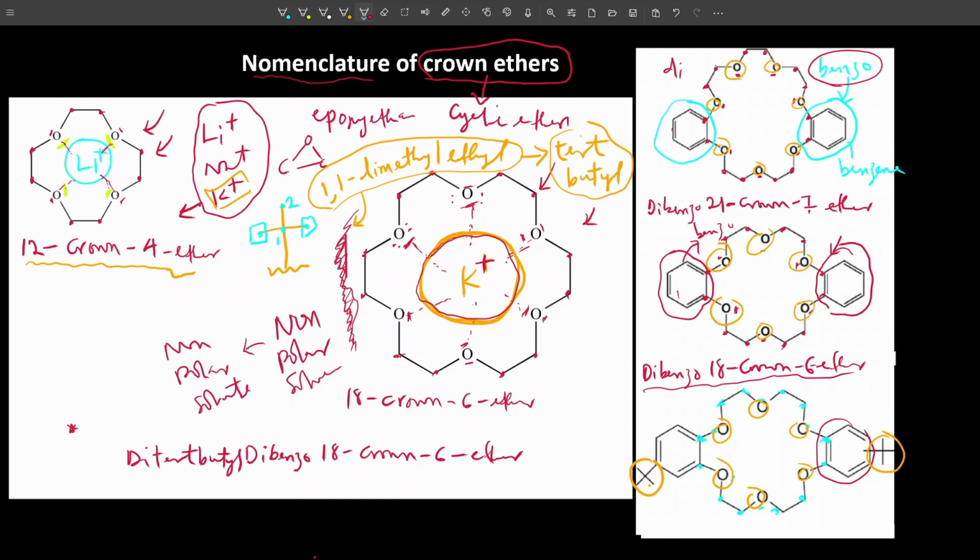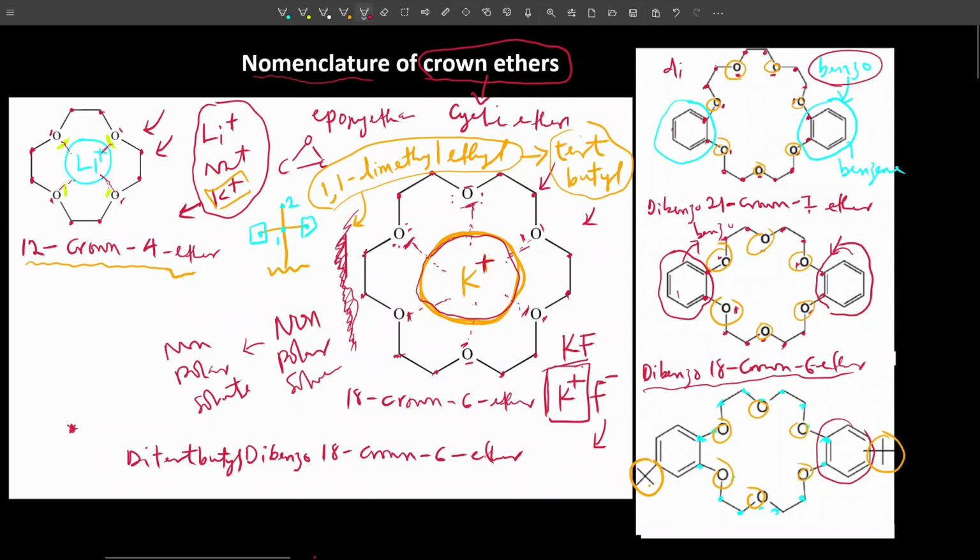Let's take for example, potassium fluoride, which will give me K plus and F minus. Okay, if I bring the crown ether close to potassium fluoride, the K plus is taken away from potassium fluoride, which leaves F minus alone in the solution. Do you understand?